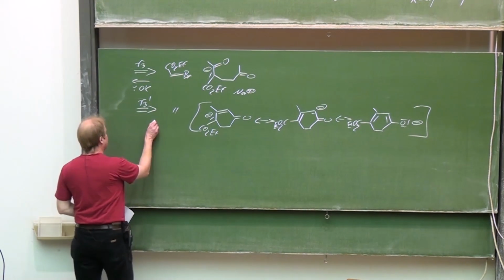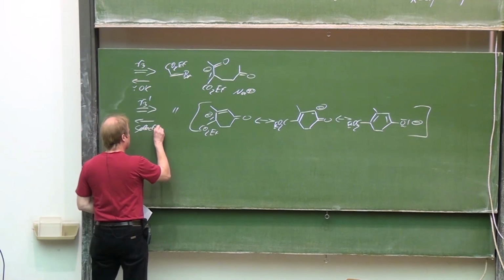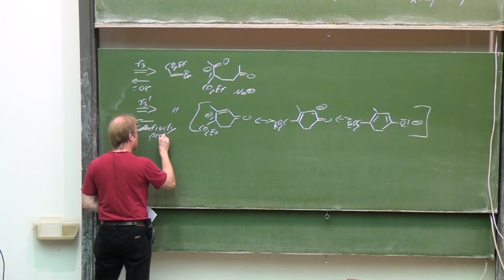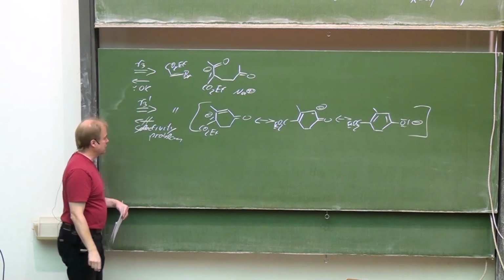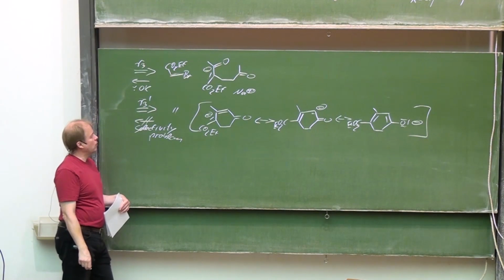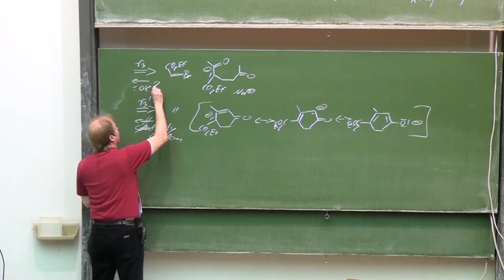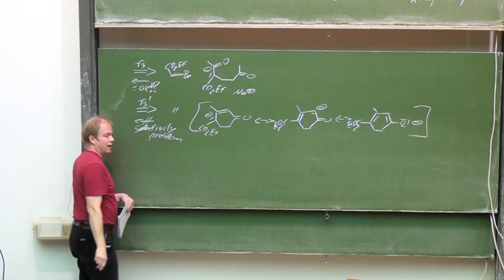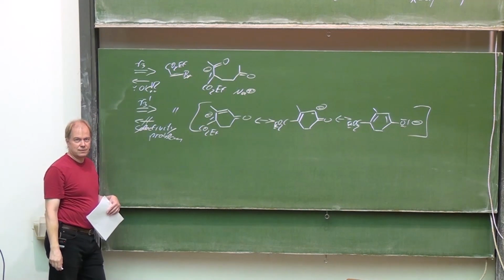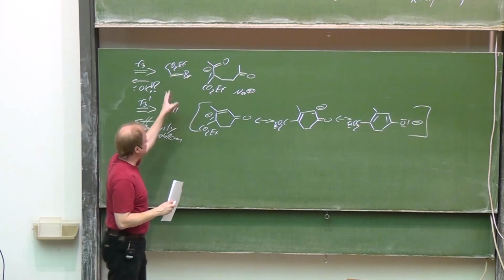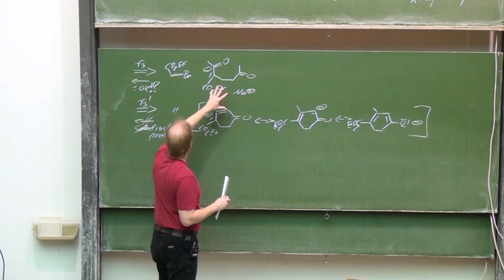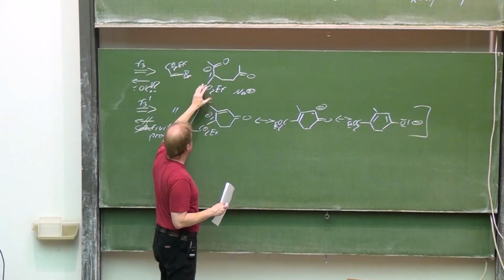Right, so we have a selectivity problem. I would guess it won't go into the direction we wanted, and therefore we should add a question mark there, since imagine that under basic reaction conditions you have that system, you can't be sure that this reaction here is fast enough.